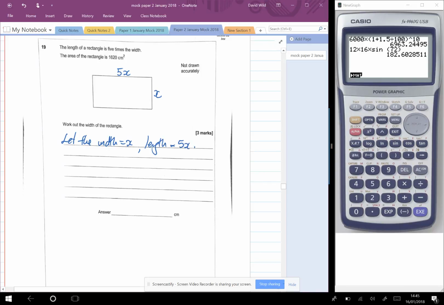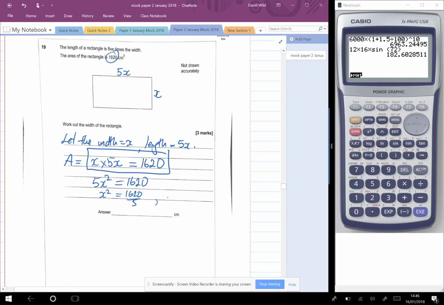The area of the rectangle, so what's the formula for an area of a rectangle? Well, it is length times breadth, or length times width. So that is the width, x, times the length, 5x. And we're told that the area is 1620. So we've got this equation now. Multiply these together, 5x times x is 5x squared, equals 1620. Divide both sides by 5.